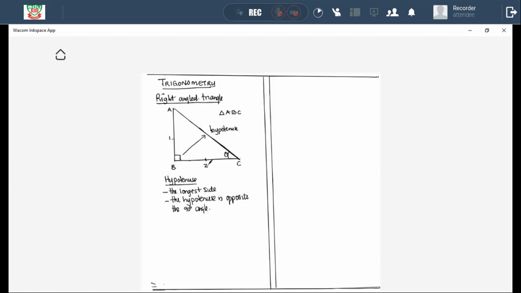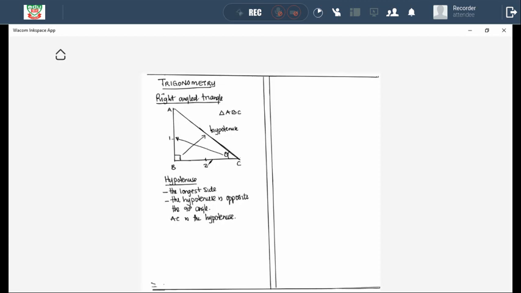Okay, now let's look at the other sides. Now I've identified my hypotenuse. In this case, AC is the hypotenuse. Now, from the hypotenuse, what about AB? If you look at AB, it is the side which is very far from the reference angle.